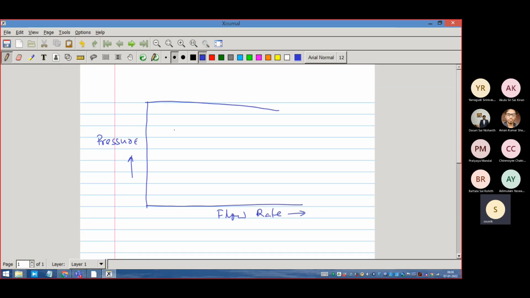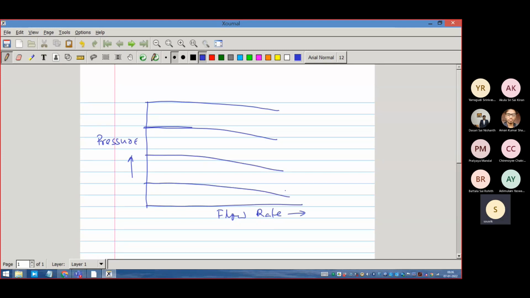Okay, so we can create such parallel characteristics by running at different speeds. By running them at different speeds, we can create more or less parallel characteristics, and so on and so forth.